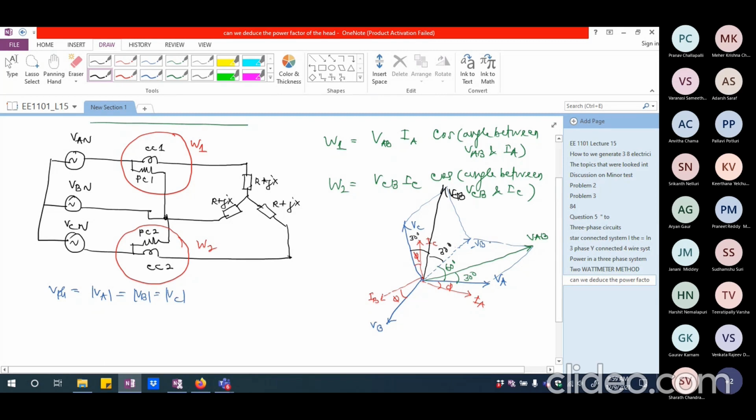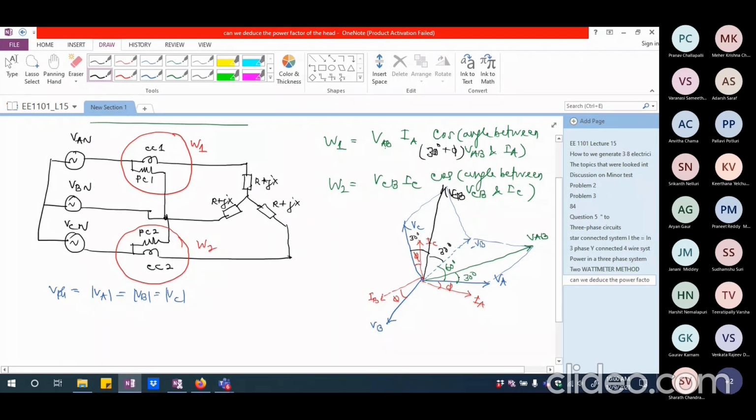So now let us try to see what is the angle between VAB and IA. VAB is here 30 and IA is phi. So I'm going to have 30 plus phi as the angle here. And let me look at this VCB. This angle is 30 and this is phi.